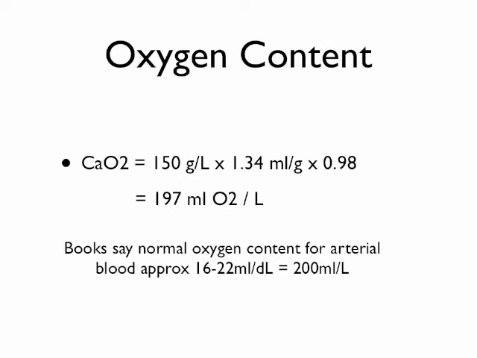So the book's going to say the normal range for arterial oxygen content is about 16 to 22 mils per decilitre, or 160 to 220 mils per litre of blood. Now, obviously, this is based on some assumptions that aren't true in a lot of the patients that we look after. Hemoglobin of 150 would be pretty rare in the ICU population, but just go with it for the purpose of the calculations.